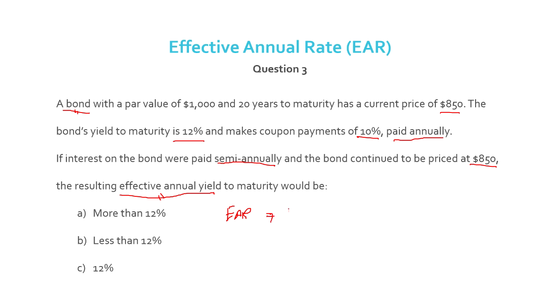Well, it takes compounding into effect. So our effective annual rate is going to be higher than just a quoted rate. And we know that the more periods, the greater the effect of compounding.